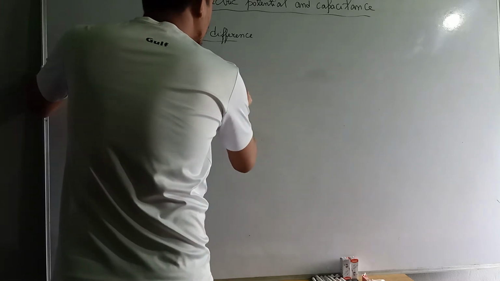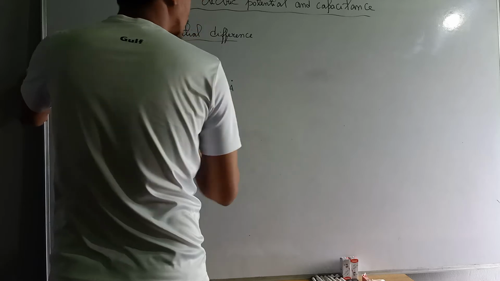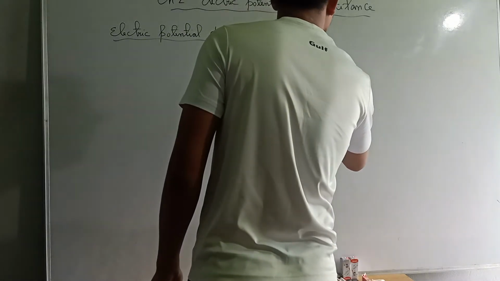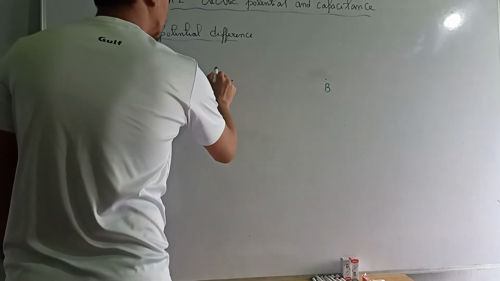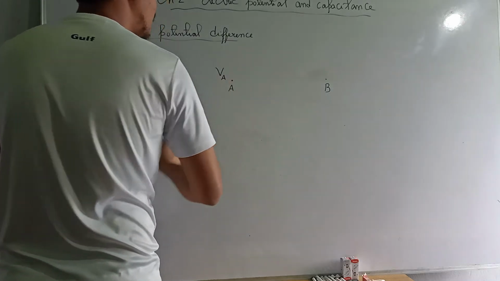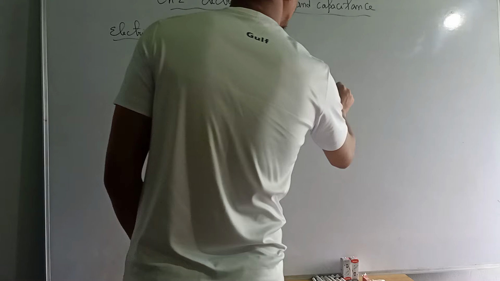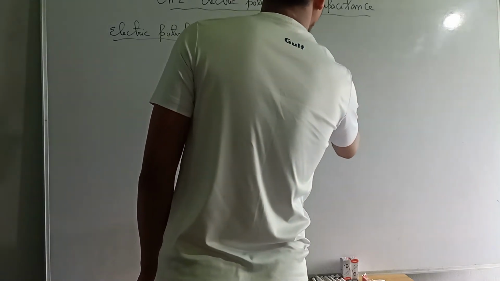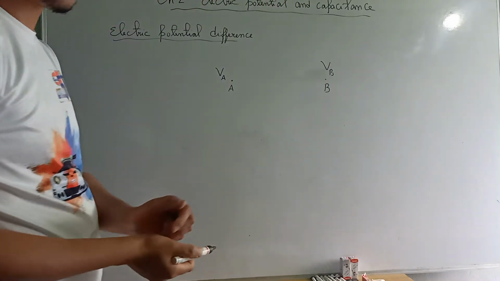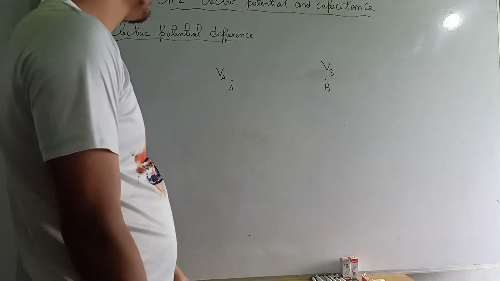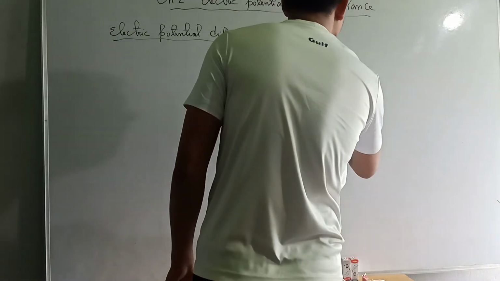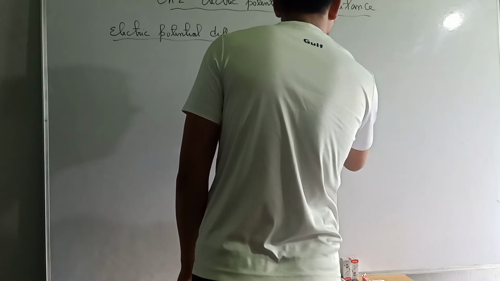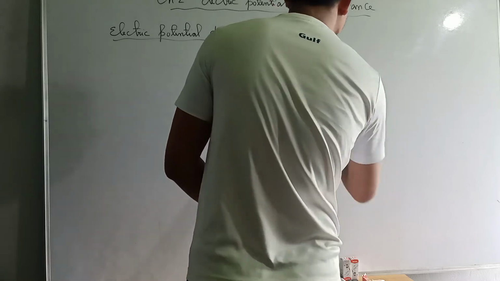You just make any 2 points. Okay, consider 2 points, A and B. Let's say that VA is the potential at A and VB is the potential at B. Now, you place a charge Q0 at B. What is Q0?